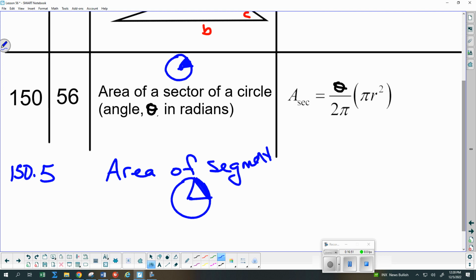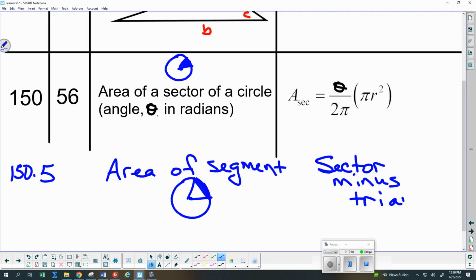Make that look a little bit better and more readable. You could simply say that it is the sector minus the triangle, if you think that would help you to also have that in your list of strategies and list of formulas and have the picture definition right there where it's real easy to see.